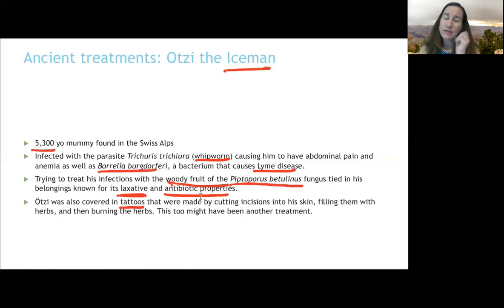They think these tattoos were made by slicing the skin, putting herbs in there, and then burning the herbs. He had tattoos all over, and they think this was another form of treatment as these herbs were put into his skin. So that's another example of people using microorganisms a really long time ago.